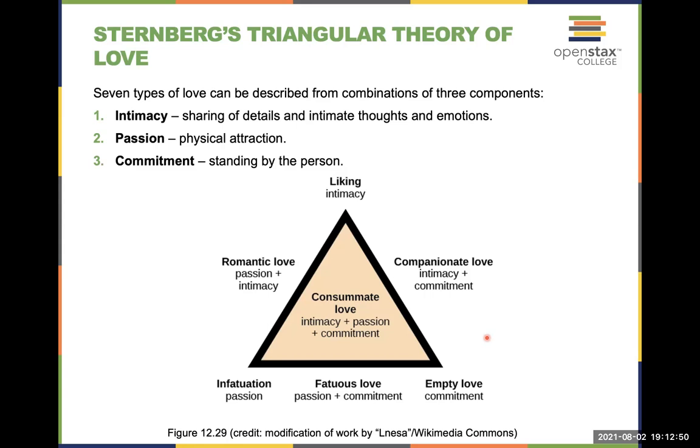It's described with 7 types of love that's broken down into 3 components: the intimacy, the passion, and the commitment. So you will see some questions on the exam that will touch on the triangular theory of love.